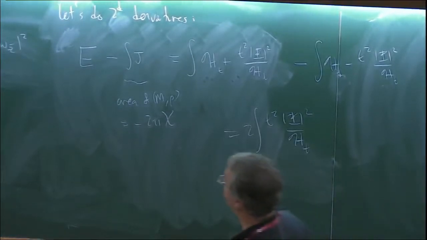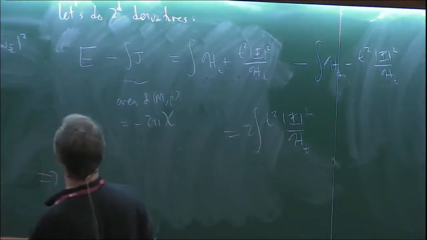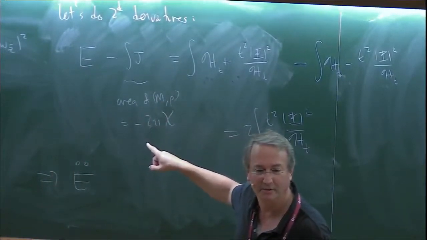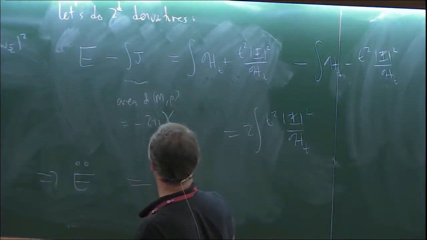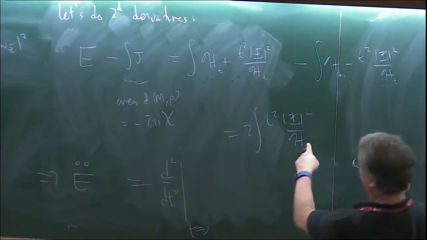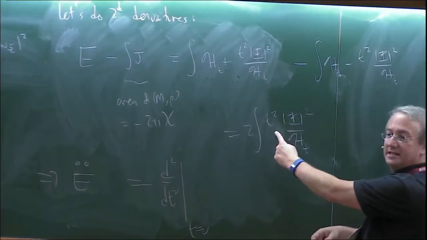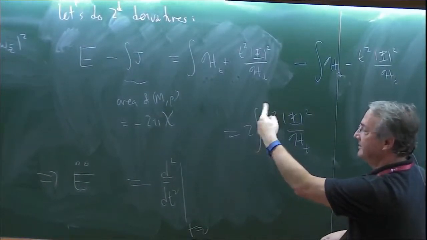So if I want to take second derivatives, the second derivative of the energy minus the second derivative of a constant, which is 0, is the same as the second derivative, again at t equals 0, of this quantity. But this quantity has 2 t's in there. So if I'm going to take 2 derivatives and get something non-zero, I better only take derivatives of the t.